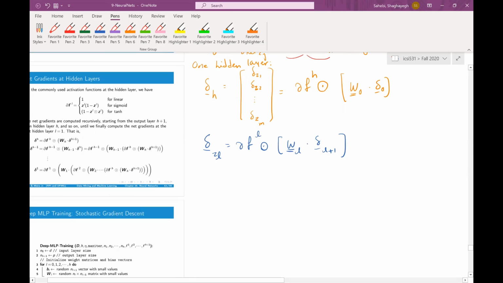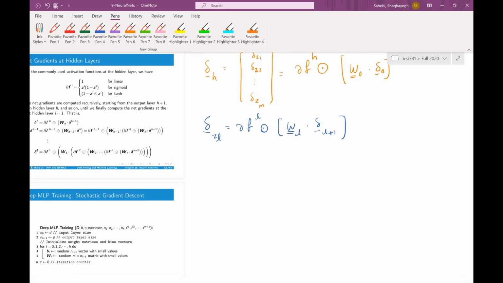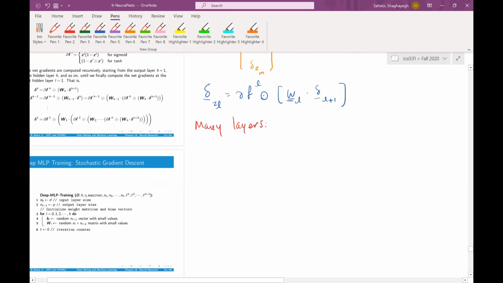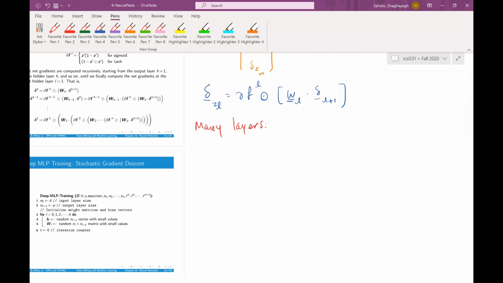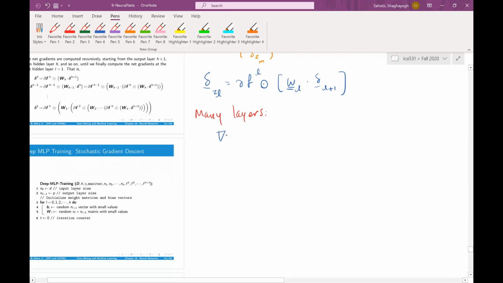So in general, when we have many layers, the formulation that we have for the updates is like that. The derivative with respect to W_L is equal to z_L dot net gradient for L plus 1, transposed.